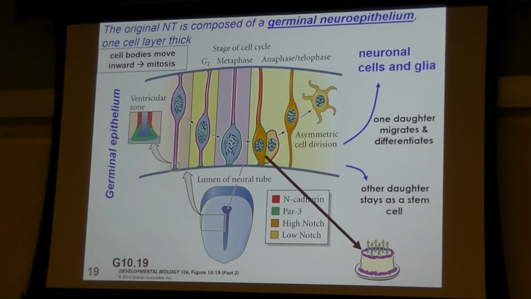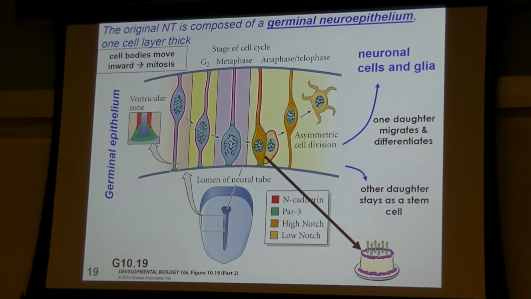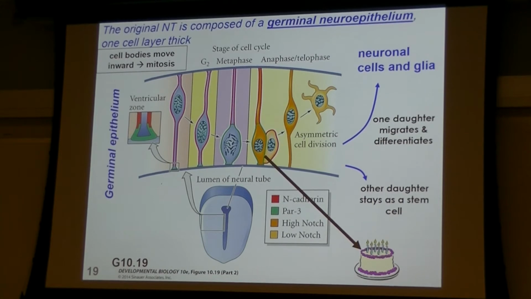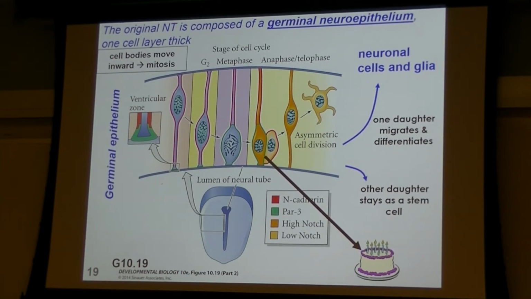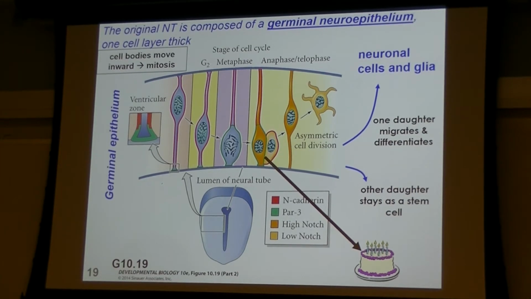So at that point, we now have two cells that came from this original daughter cell. One of them will stay in the neural tube and act like a stem cell. So it'll stay in the neural tube and go through some additional cell divisions and continue to pump out more daughter cells.